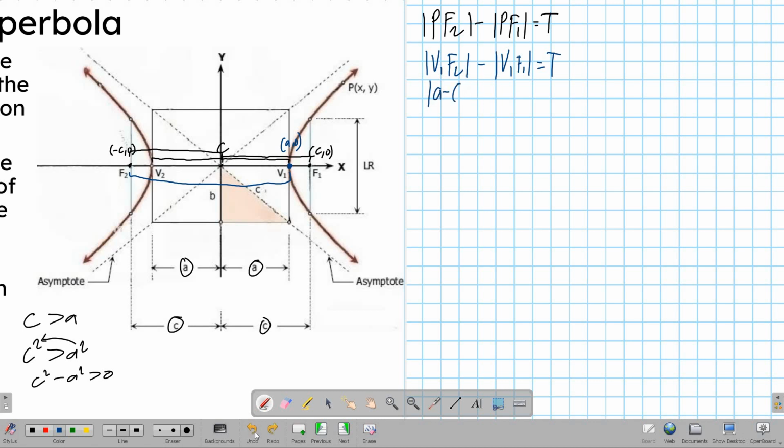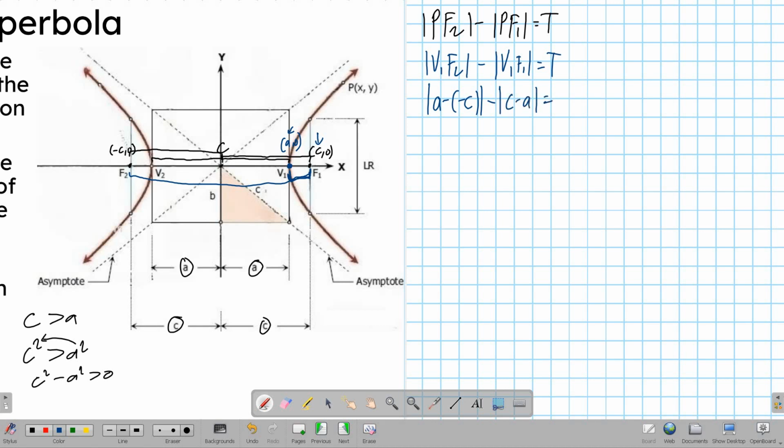Let's write that a bit more properly: a minus negative c. Now, the distance from v sub 1 to f sub 1 here is a bit shorter. That is now the difference between the abscissas of the two points. And this time, since c is bigger than a because of its placement on the x-axis, this distance would be c minus a.